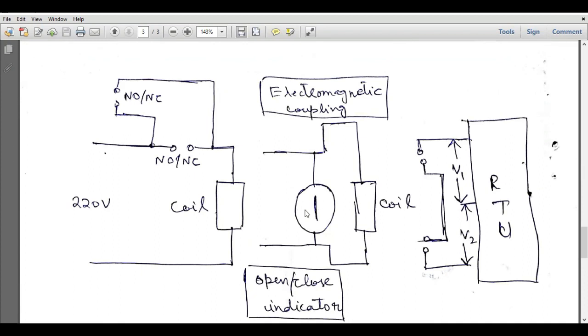That electromagnetic coupling is used to get isolation between the excitation system and the RTU side of the SCADA system. There must be electrical isolation, so that's why electromagnetic coupling has been used. And these RTUs receive the voltage signal from this coil.